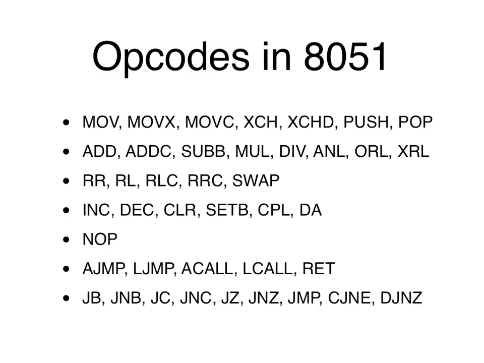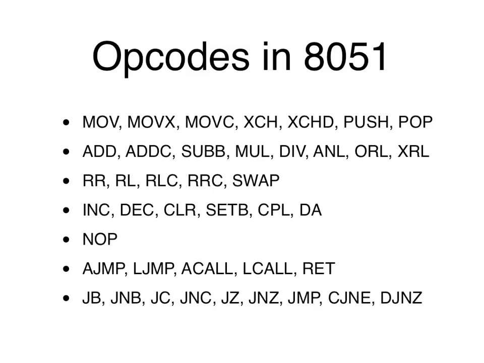So there's MOV, MOVX, MOVC, XCH, XCHD, PUSH, POP, ADDC, SUBB, MUL, DIV, ANL, ORL, XRL, the rotate right, rotate left through carry, rotate right through carry, SWAP, INC, DEC, CLR, SETB, CPL, and DA. Some of these, you can take a look at the instruction set documentation if you are interested. But I'll go over the key ones.